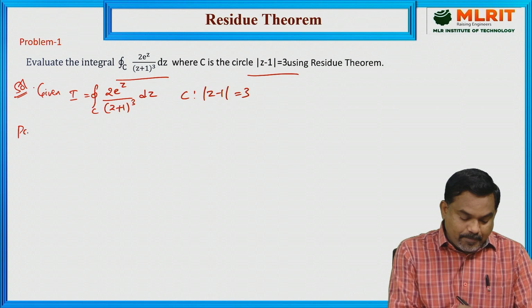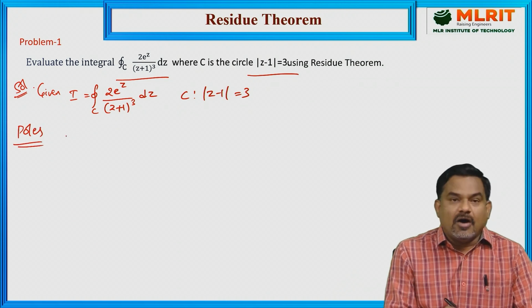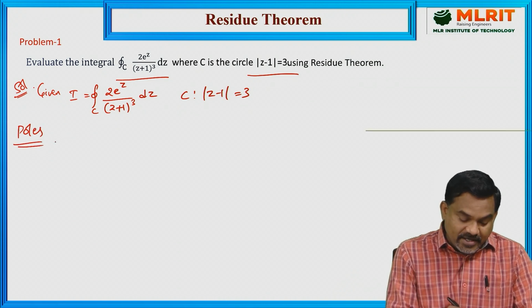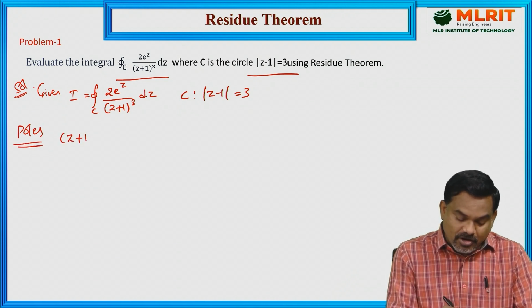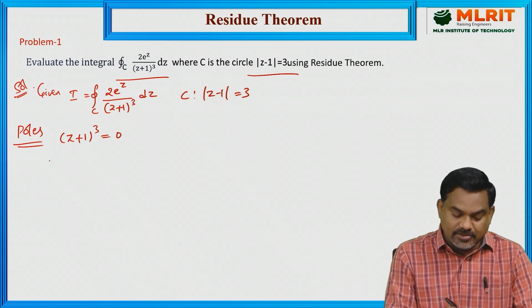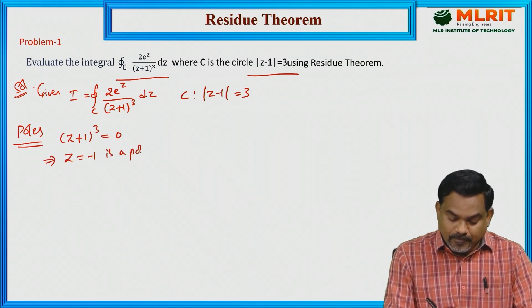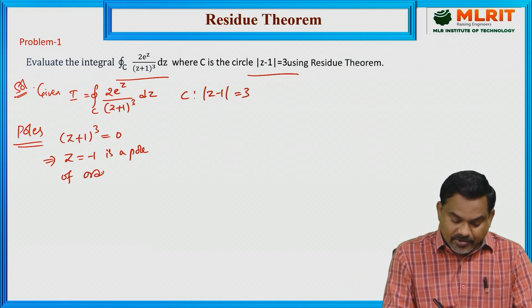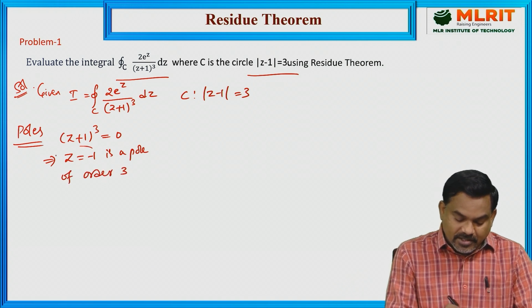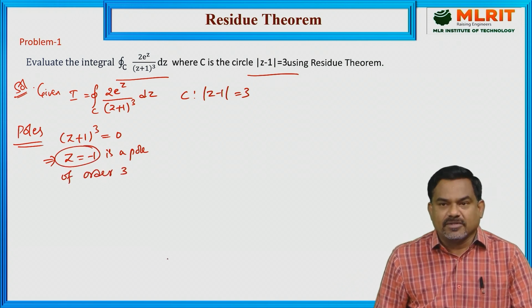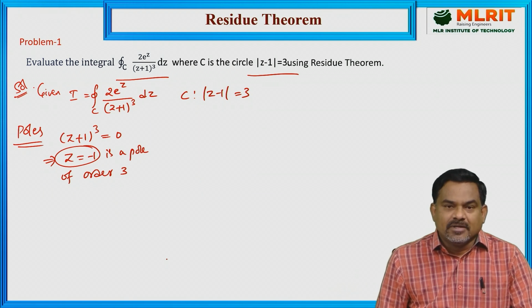Now, the first step is to find the poles. How to find the poles? By equating the denominator to 0. What is the denominator here? z plus 1 whole cube is 0. That implies z equal to minus 1 is a pole of order 3. So, here there is only one pole, z equal to minus 1, which is of order 3.